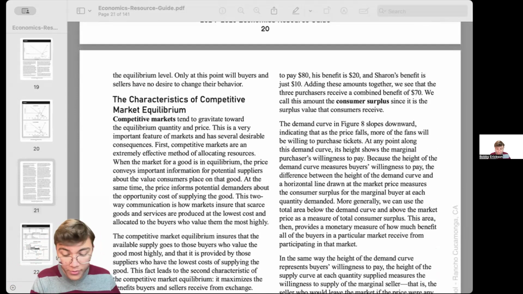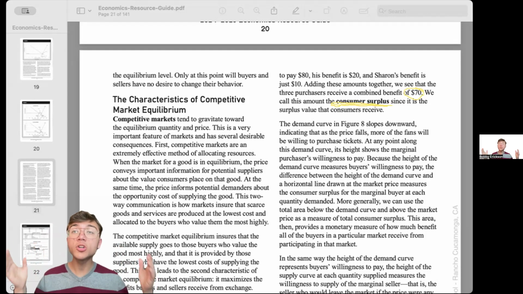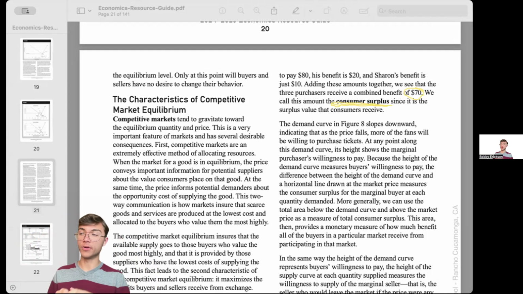And so if we add all of these amounts up, this is a benefit here of $70 total. And so we call this amount the consumer surplus. How much are people benefiting from the exchange? If you were willing to pay more, then how much are you benefiting from the fact that a price is less?